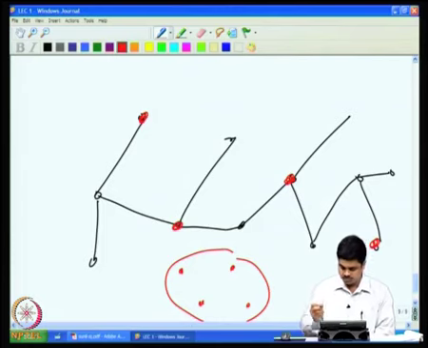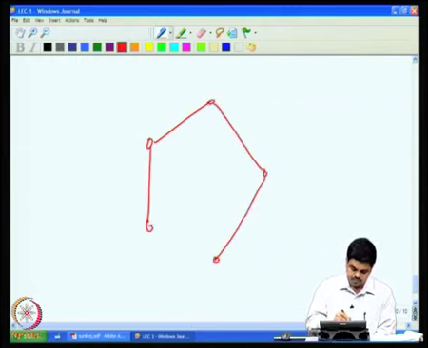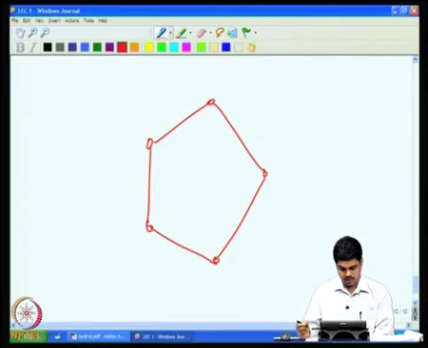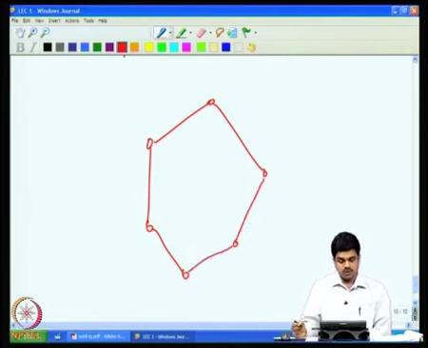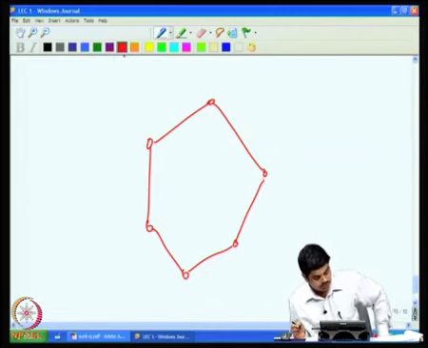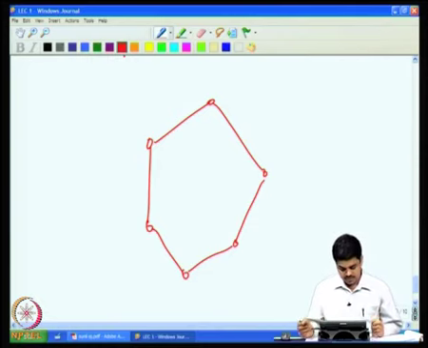So, we can take some simple examples, like for instance, I can consider a cycle. So, let us consider this cycle. Now, how do I partition it into 2 collections such that each collection induces an independent set?